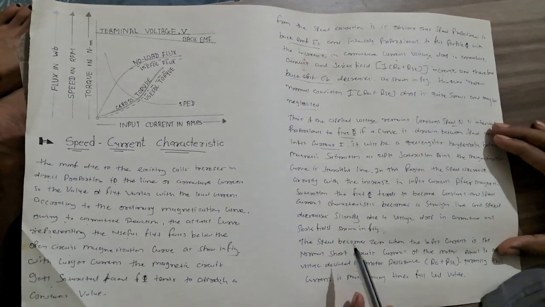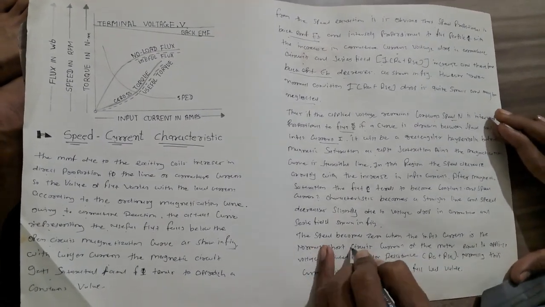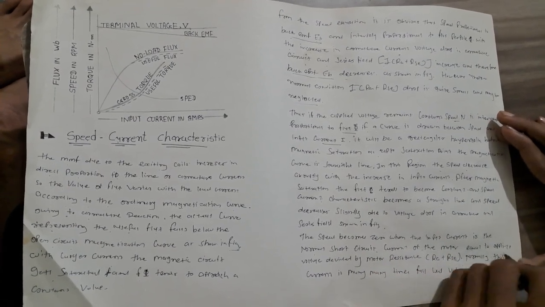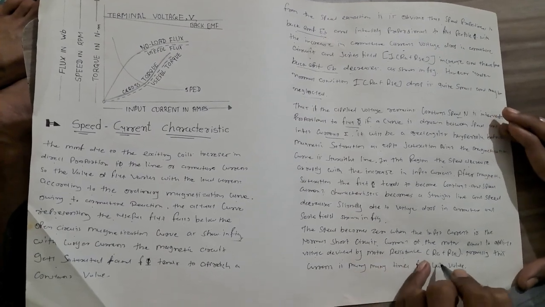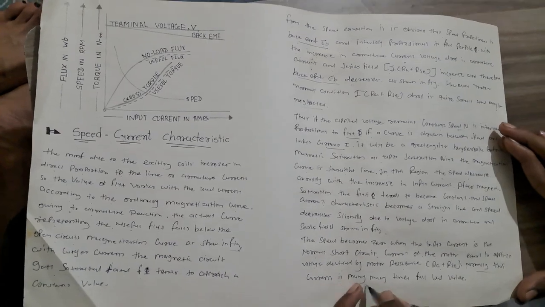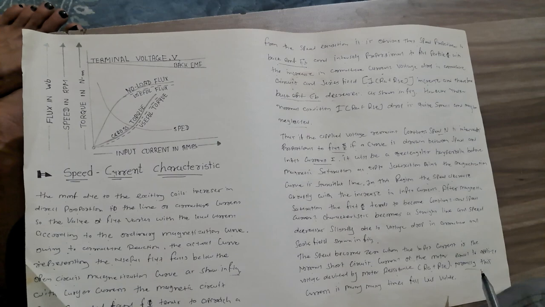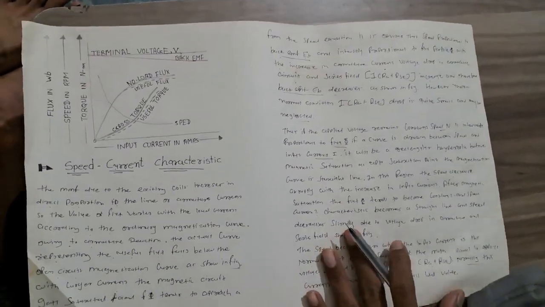The speed becomes zero when the input current is the normal short circuit current of the motor, equal to applied voltage divided by the motor resistance Ra plus Rse. Normally this current is many times the full load value.